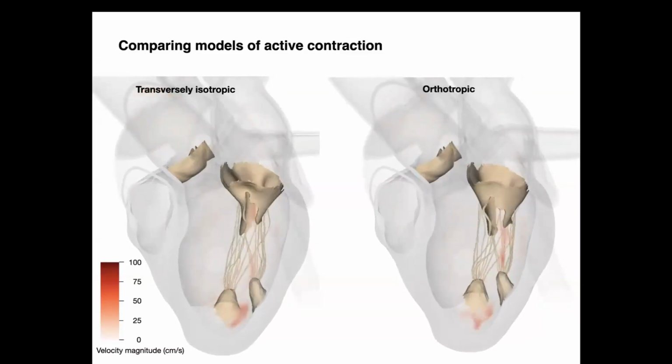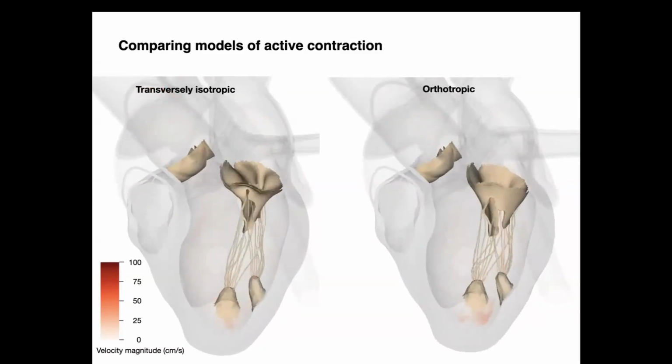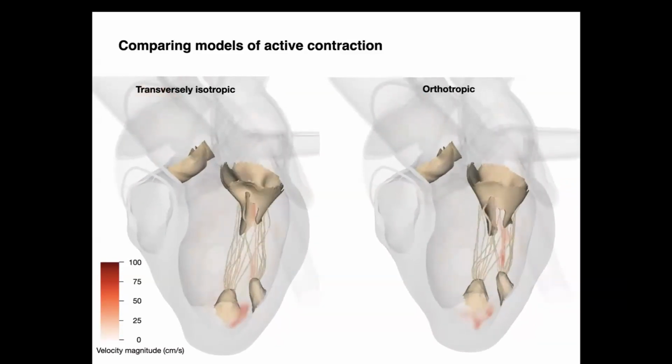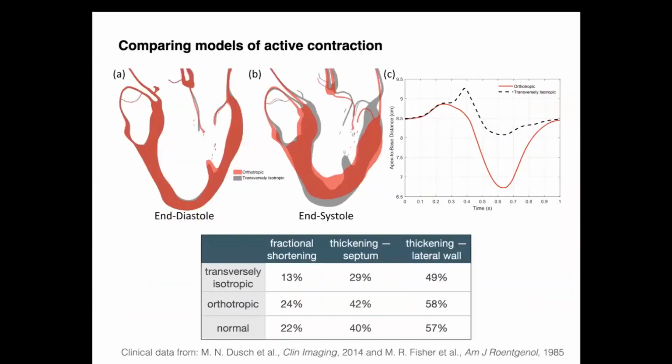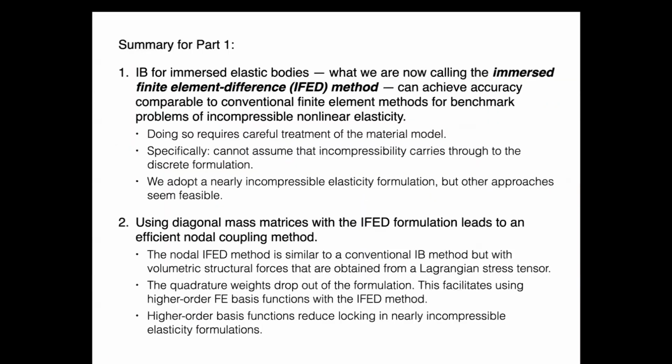And I can explain later why this makes sense. This orthotropic contraction model gives you much more realistic apex to base shortening and wall thickening as compared to this transversely isotropic model.